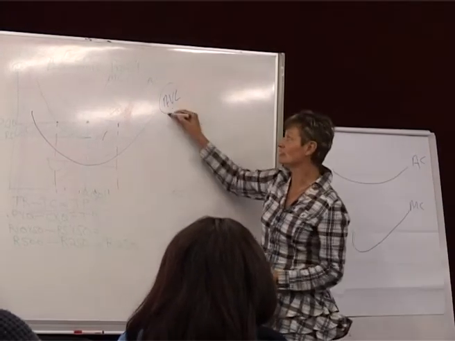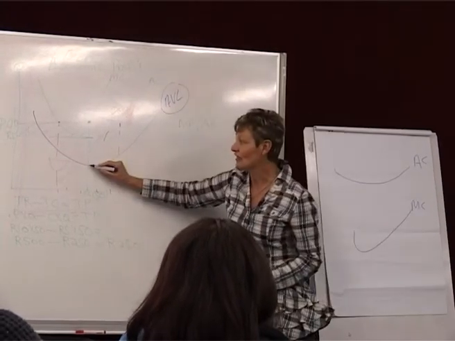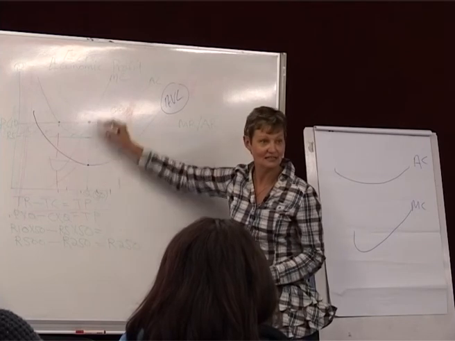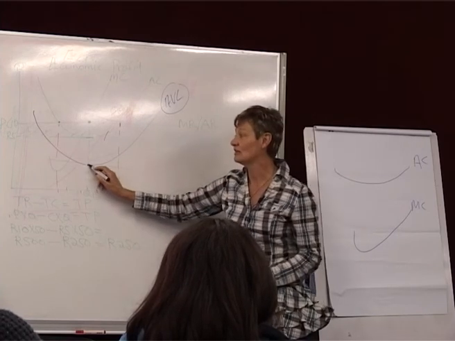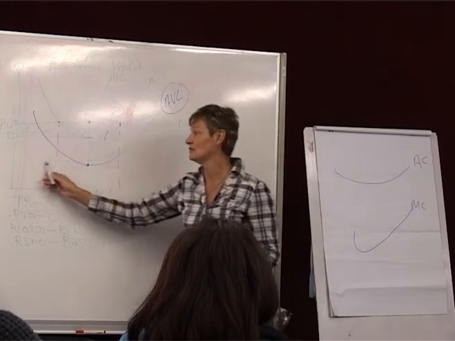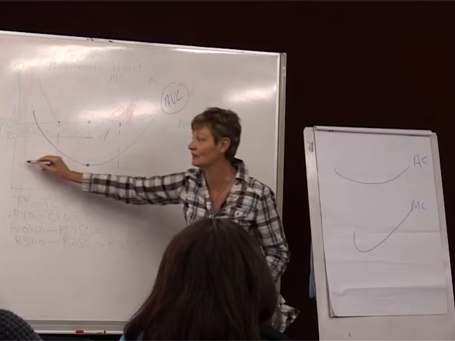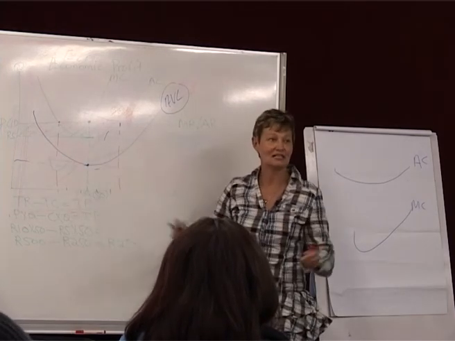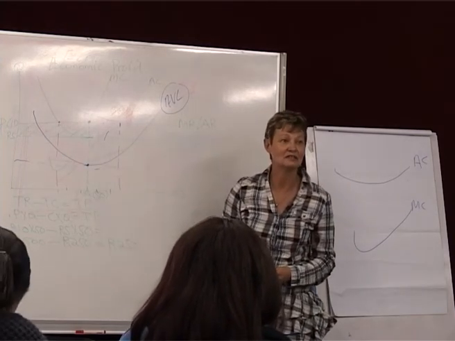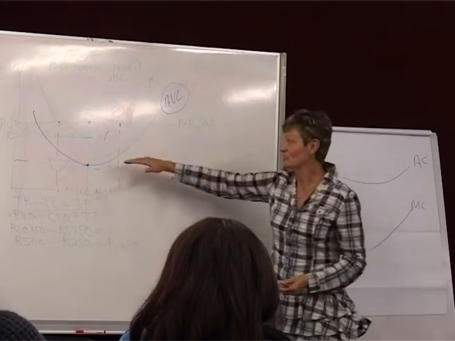Where this intersects your quantity line, there you know is your closing down point. If the person produces less than that, he must close down his business. So again, don't put this in from the start.